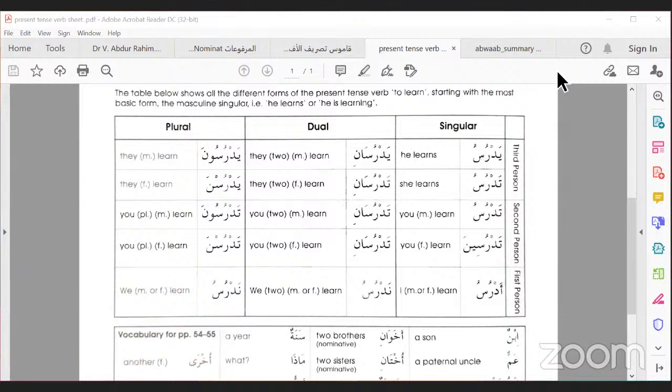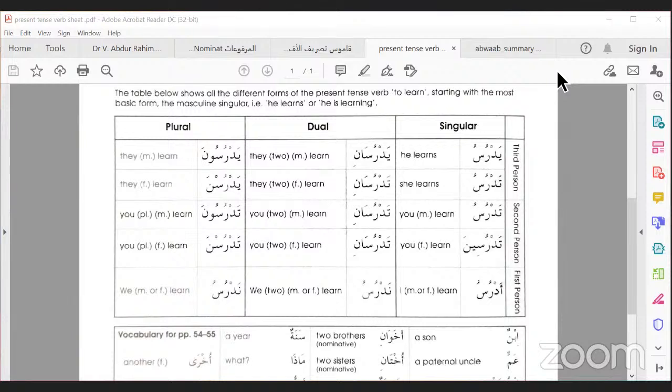Tadrusani. They both male? It's the same thing, right? Tadrusani, yes. For males, it's not with a ta, it begins with? Oh, Yadrusani. Exactly. So he learns with a ya, yadrusu. They both learn yadrusani. And then they all learn for male? They all learn Yadrusuna. Good.